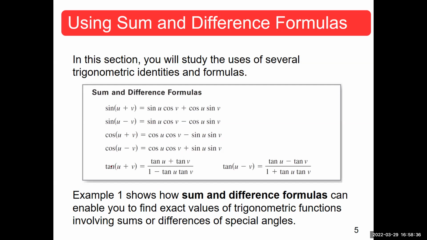Remember where we used this formula? In chapter 10, because tangent is the slope. Remember that m2 minus m1. So we used this formula in chapter 10. This is called the sum and difference formulas.